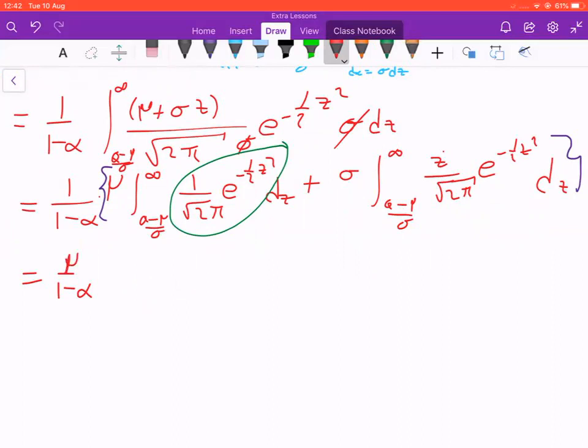And then I have plus 1 over 1 minus alpha. I can just take this thing here. I can just put it here.